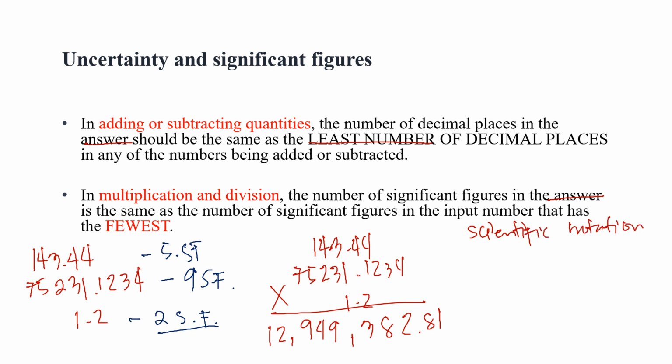So for this number here, we can write this as 1.3 times 10. You have 1, 2, 3, 4, 5, 6, 7. This is 1.3 times 10 to the 7. Let us discuss your scientific notation in the next slide.